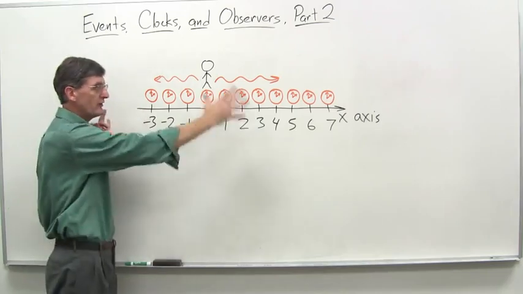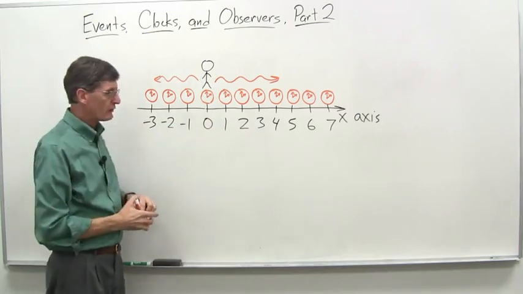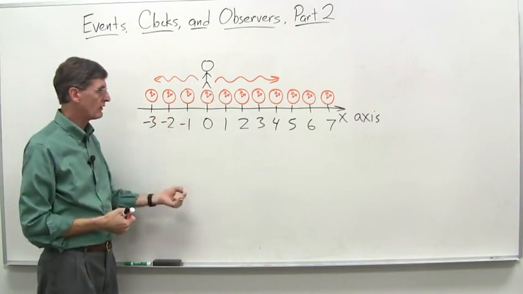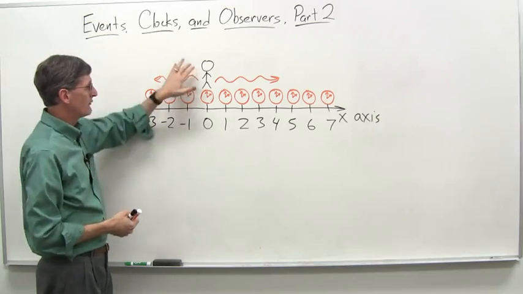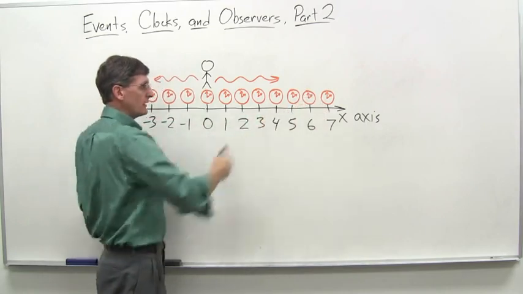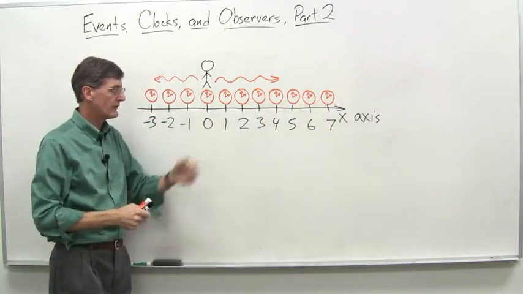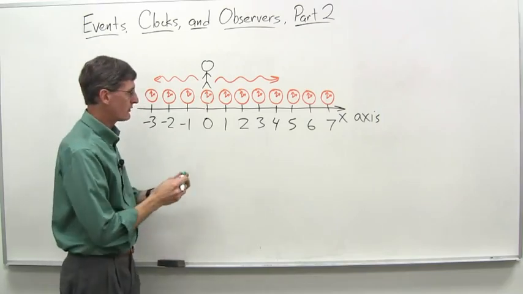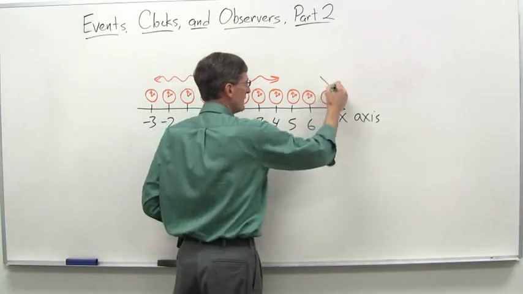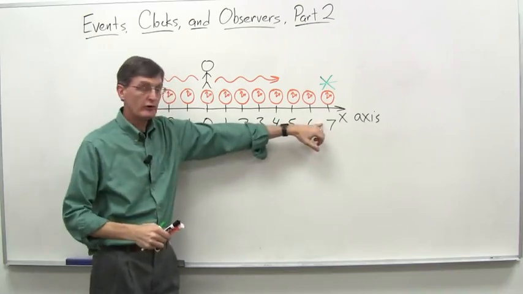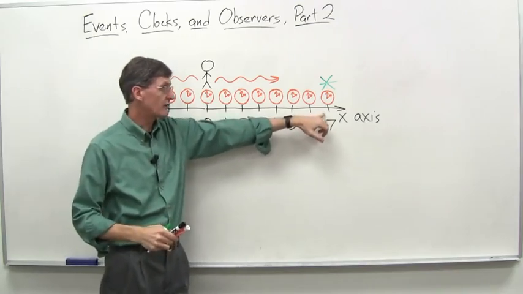Obviously, we're just doing all this as thought experiments, but that's a method we can use to make sure all our clocks are synchronized. So for the observer here, once they have their lattice of clocks, they can be assured that any event that occurs, we'll use green this time, say some event occurs right here, a flash of green light, and so we know the position along the x-axis is x equals 7.